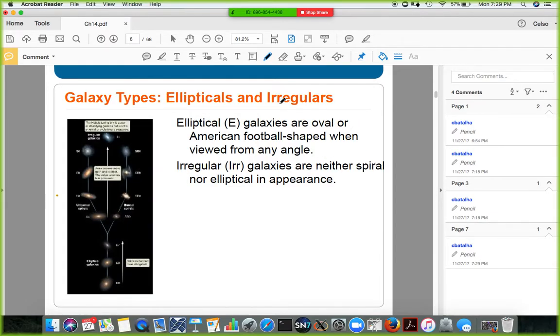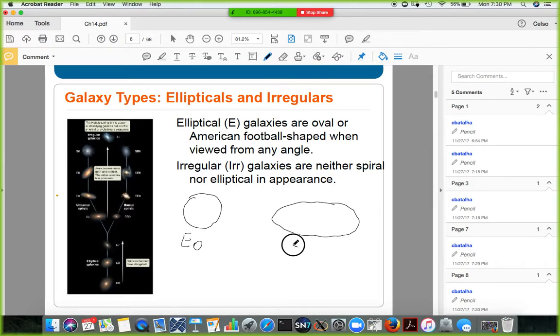Now, in elliptical galaxies, they have a smooth distribution of light, as I mentioned before. Some elliptical galaxies appear perfectly spherical, and some are elongated. Those that are spherical, we call them E0, elliptical zero.